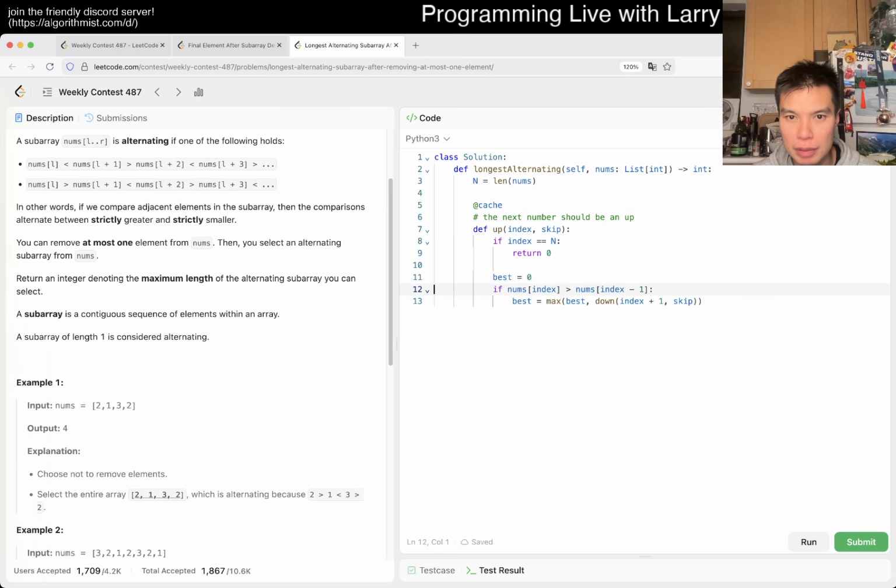My one is, yeah, that's why if nums of index is less than nums of index plus 1, something like this.